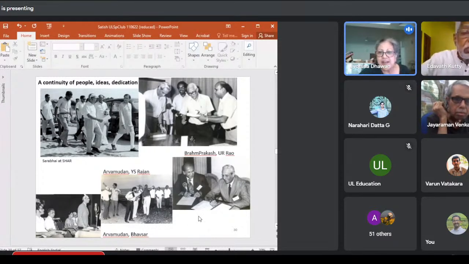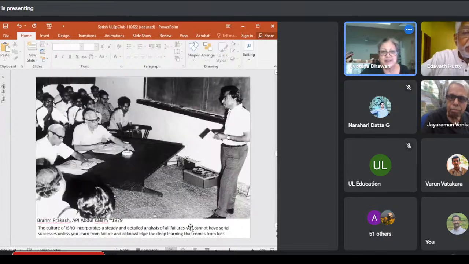All of these people are well known to the ISRO community and nationally. These are the heroes of the space program, early mentors and doers, thinkers. These are the people whose continuing service at ISRO paved the way for its success.